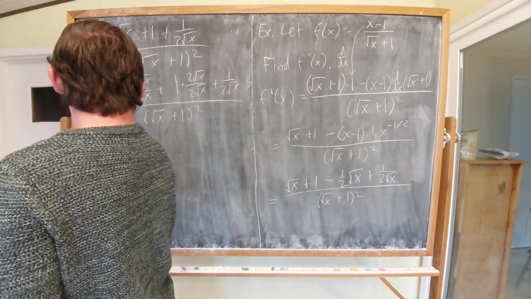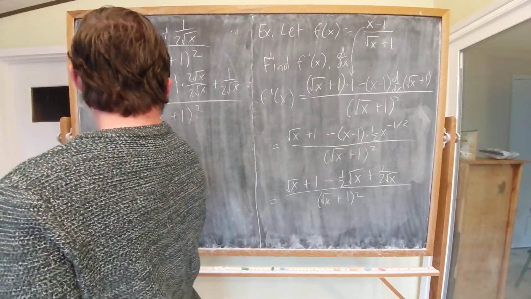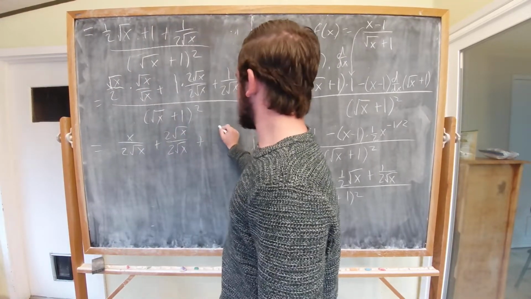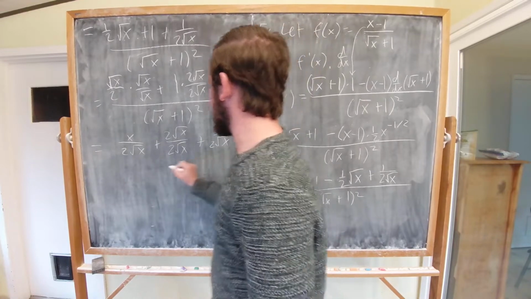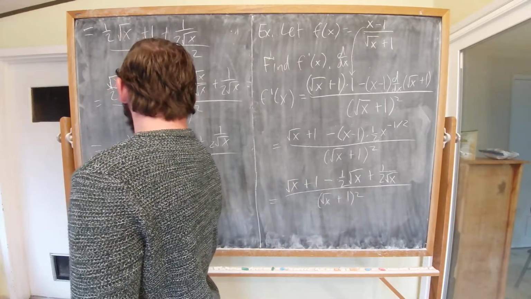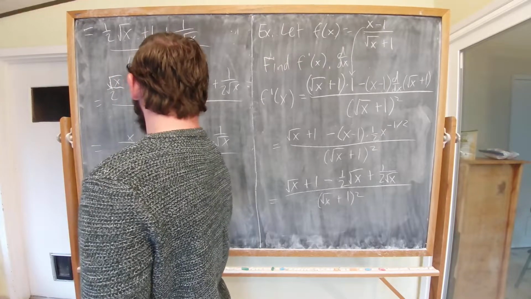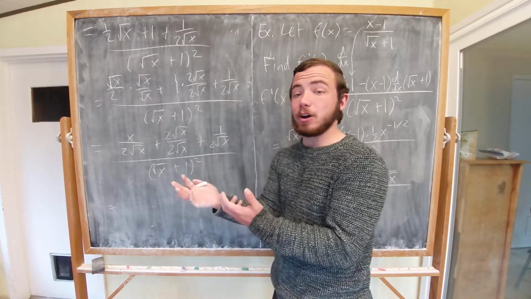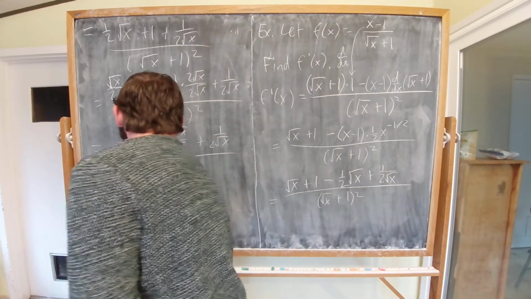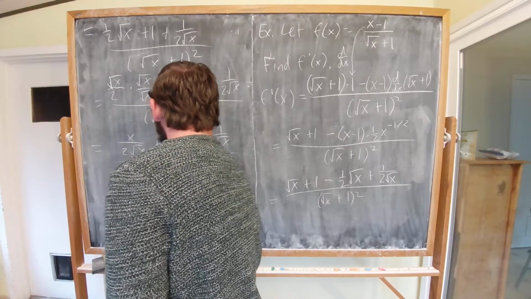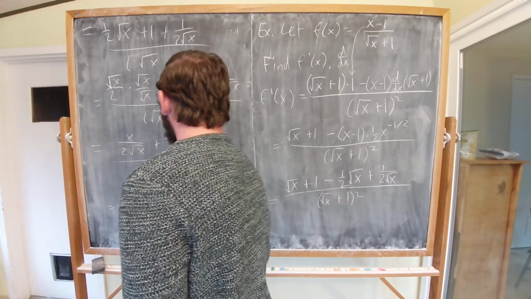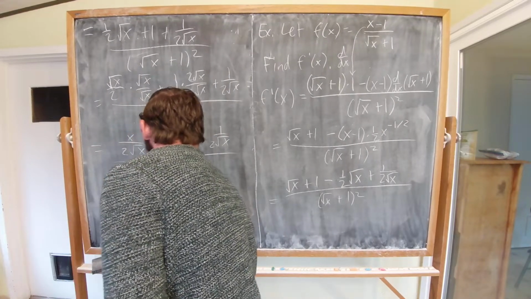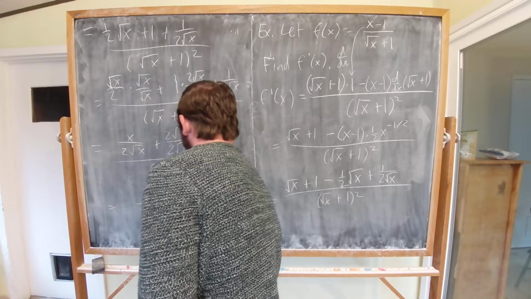This gives us x over 2 square root of x plus 2 square root of x over 2 square root of x plus 1 over 2 square root of x, all divided by the square root of x plus 1 squared, which is, finally, using all fraction rules at once, you get x plus 2 square root of x plus 1 divided by 2 times the square root of x times the square root of x plus 1 squared.